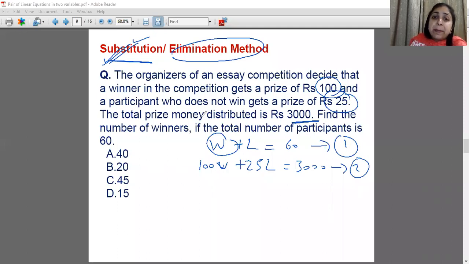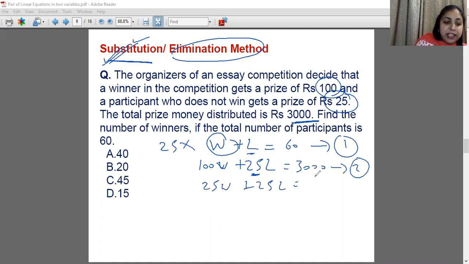Now to eliminate one variable, I have to make the coefficients of that variable equal. Like here I have 25L and here only L. Let us multiply equation 1 by 25. So it will become 25W plus 25L equals 25 into 60, that is 1500.